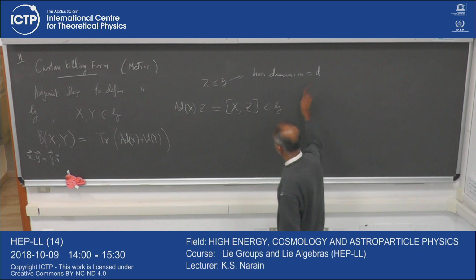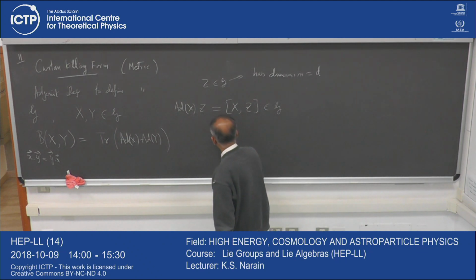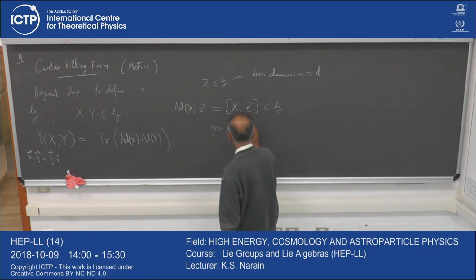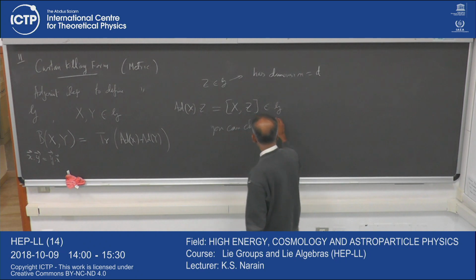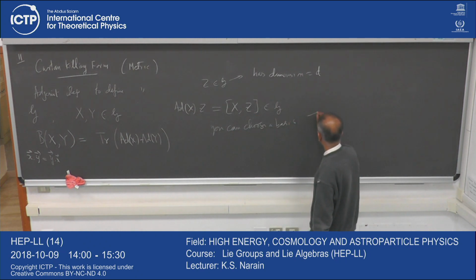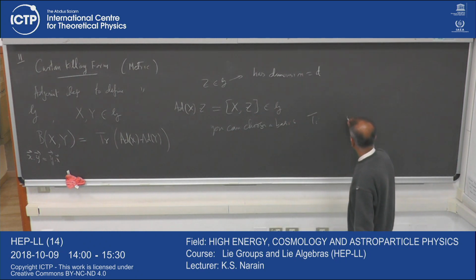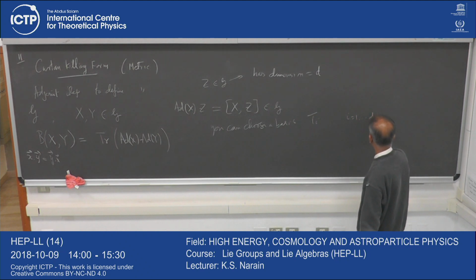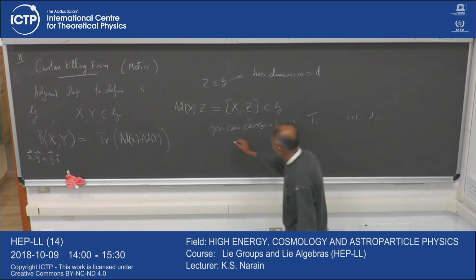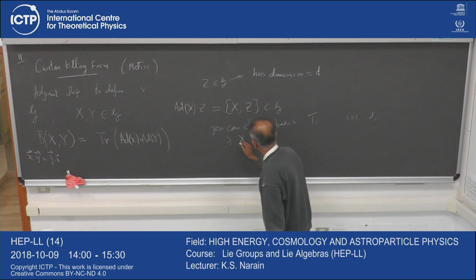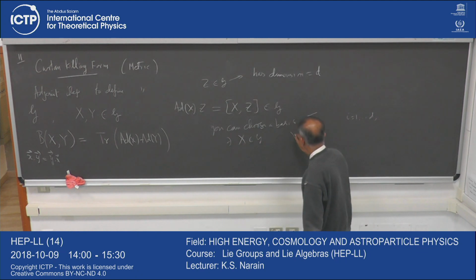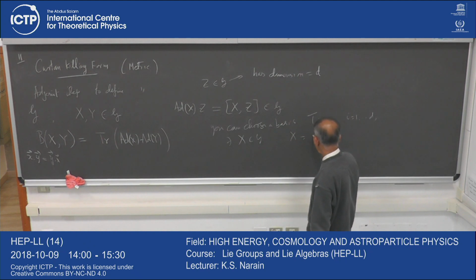The dimension being d means that you can choose a basis, say t_i, i going from 1 up to d, such that any x belonging to G you can expand in the basis, so x is x^i t_i, summed over i.